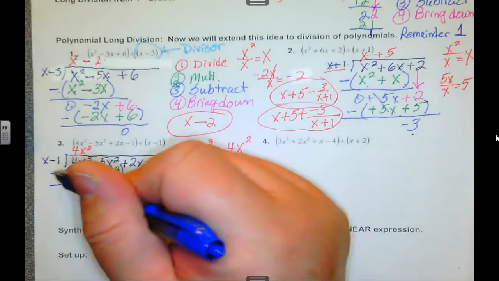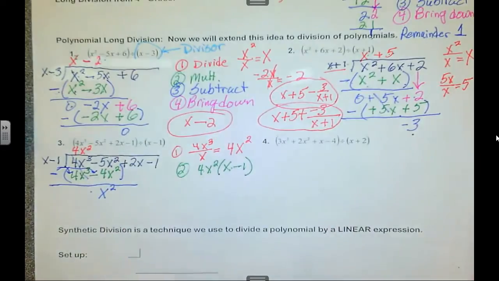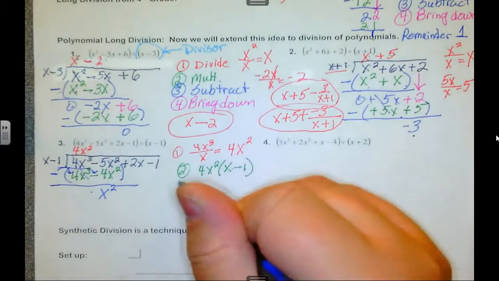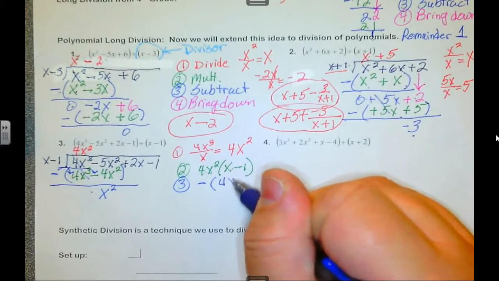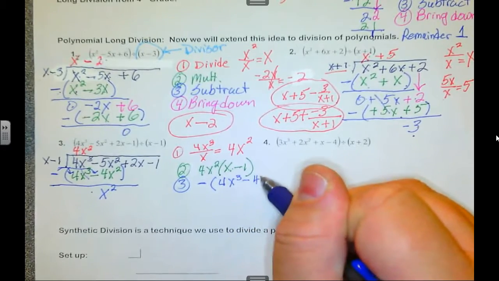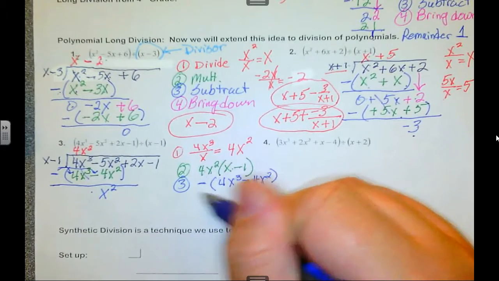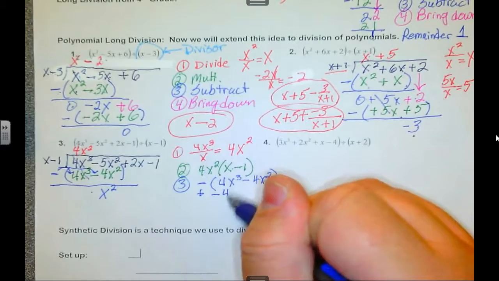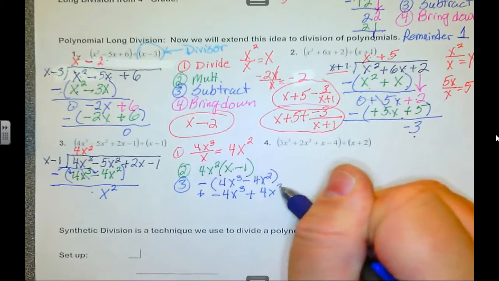Okay, don't forget you have to distribute the minus sign. Okay? When you subtract, you're subtracting 4x cubed minus 4x squared, right? So you got to distribute the minus sign. You're actually adding negative 4x cubed plus 4x squared, right?